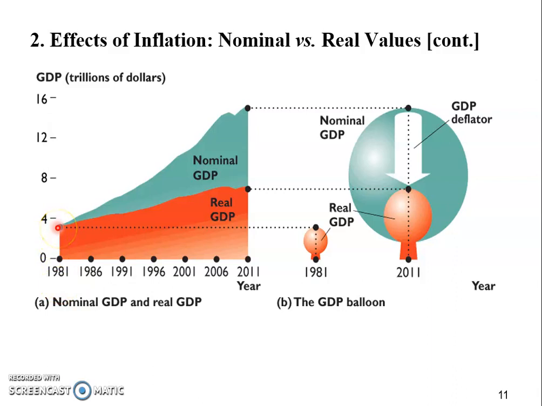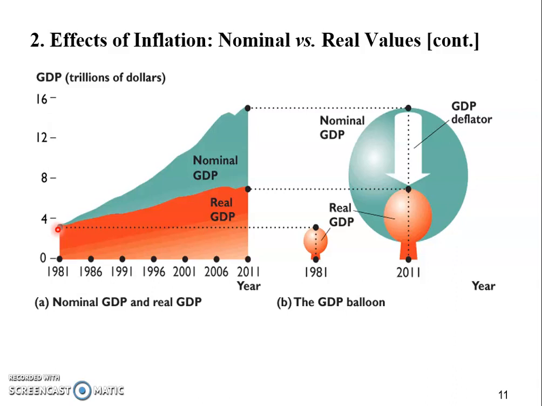That's why here you see the real GDP shown in the red area, and the nominal GDP shown in the green area. They are equal in 1981 because that is the base year. So in the base year, nominal and real GDP are equal.